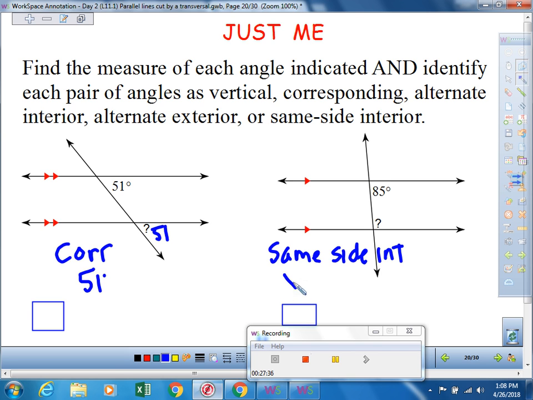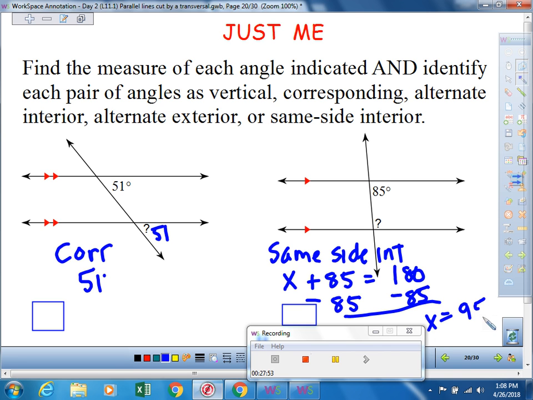You have some unknown plus 85 equals 180. So if I subtract 85, I get x equals 95. Now, so I would say this is 95 degrees.